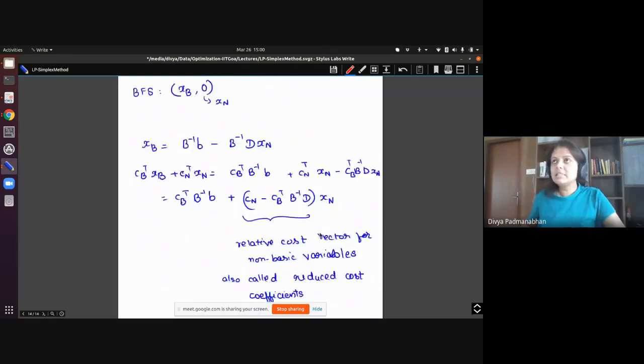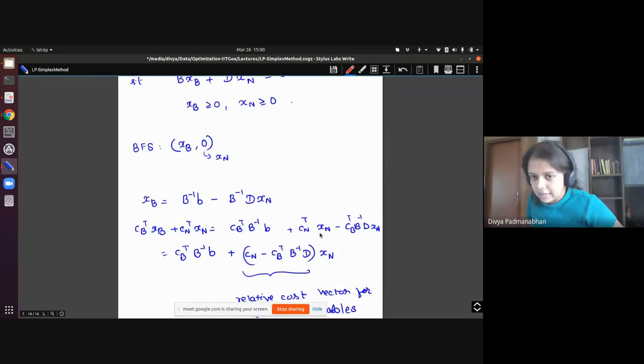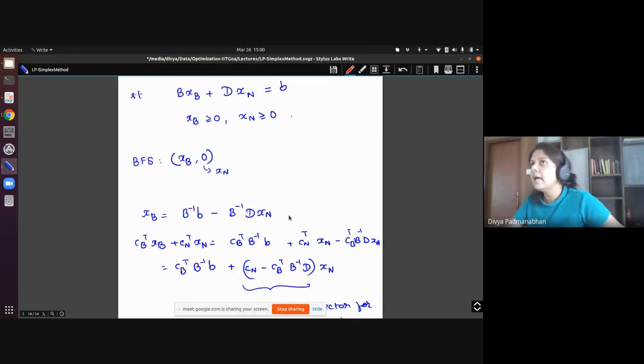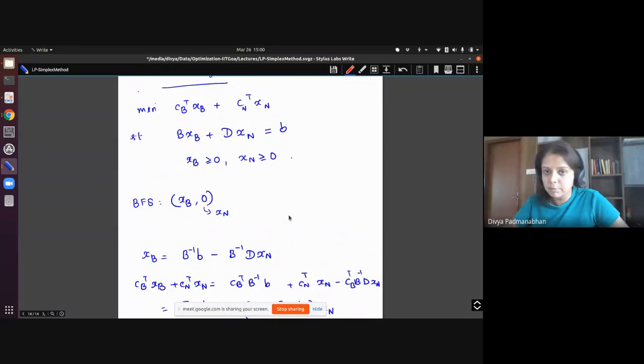In the next class, I'll introduce you to a concept called duality, which makes use of these cost coefficients. It has some connections to the cost coefficients that we saw in the simplex method. Duality is a very important concept in general, used in many places for constrained optimization, and LP duality will give you a start to understand duality in a more general sense.